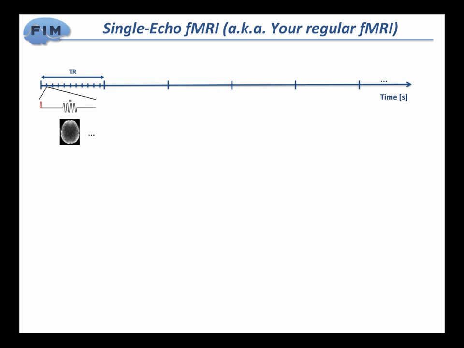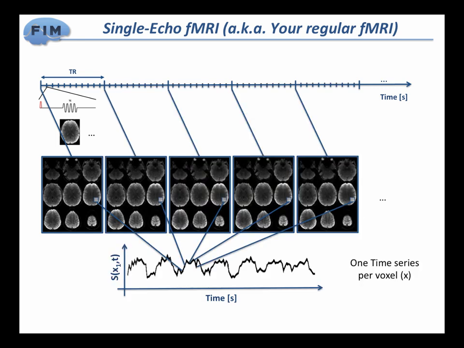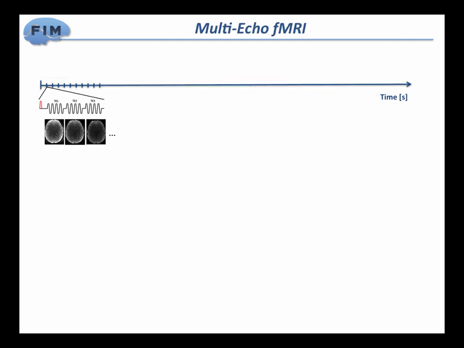You have your excitation pulse and a single readout window. At the end, you end up with a time series of volumes, and if you go voxel by voxel, you get that single time series. This is the case of a block design, so we can see very clearly these activations going up and down. We can also see they contain some noise.